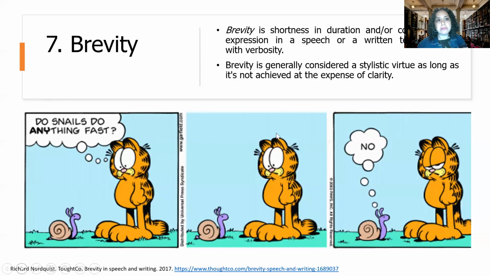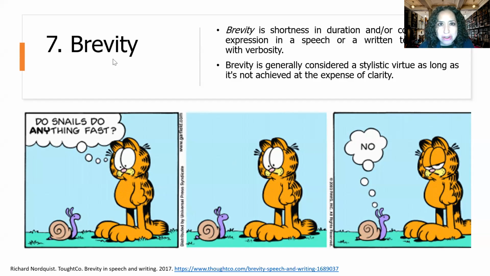We move forward to number 7, brevity. Brevity means a short duration or conciseness of expression in a speech or a written text. Contrast with verbosity, el contrario de what we call verbero. That's verbosity.